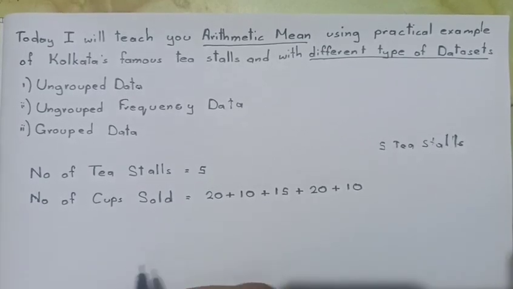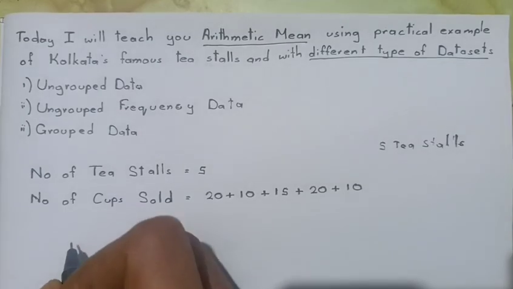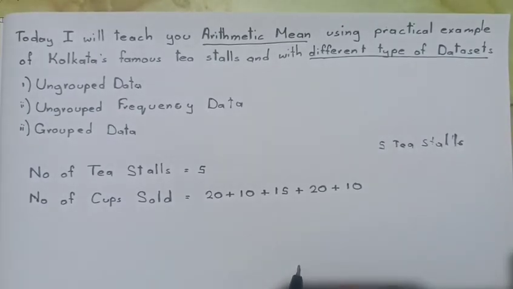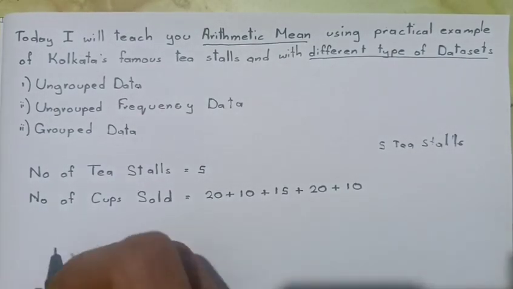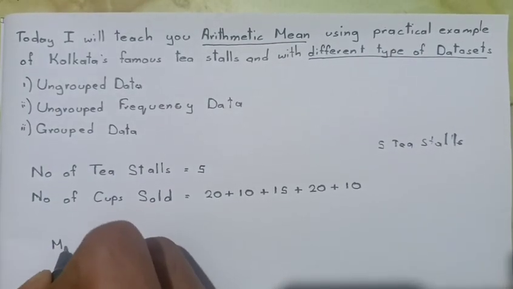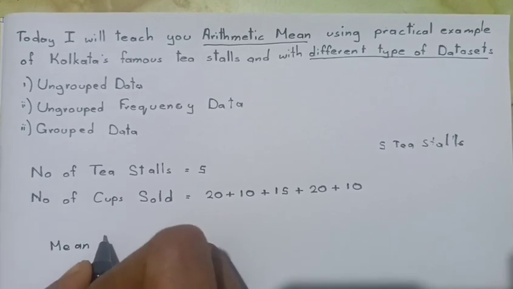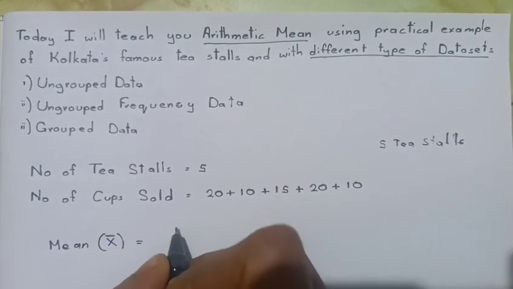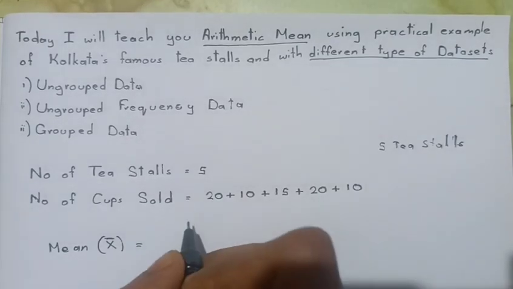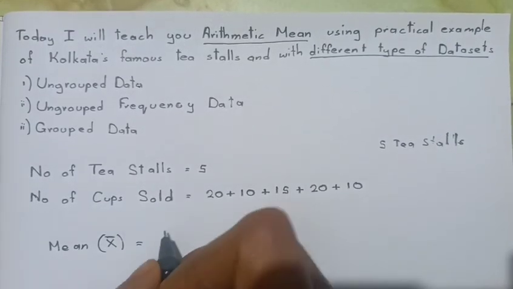It's easy to find the mean of smaller data sets. Mean means average, and it is normally denoted as x bar. We all know how to calculate the average.